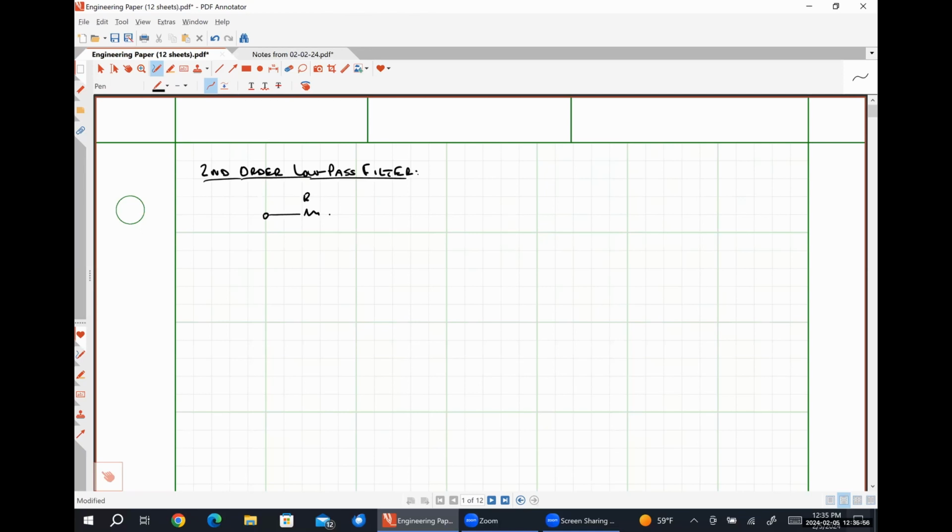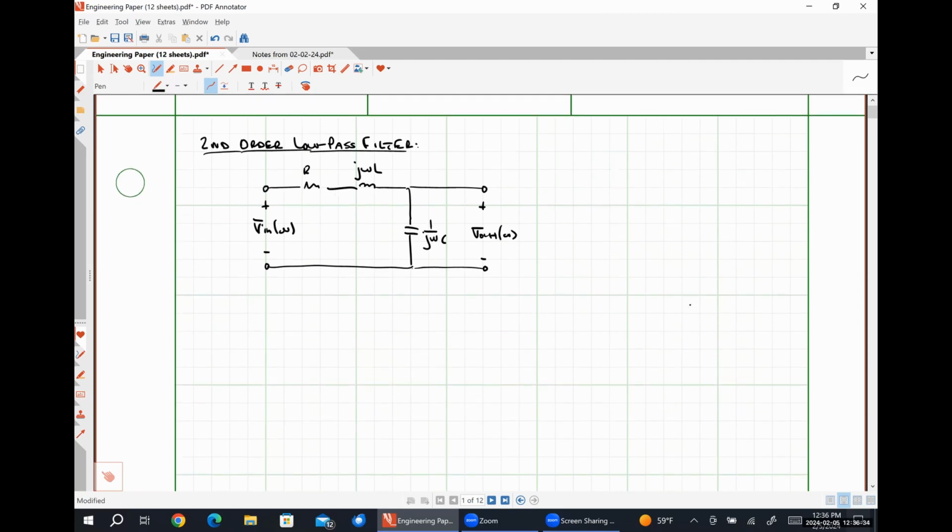Here's R, j omega L, one over j omega C. Here's V in. Here's V out. Once again, it's just a simple voltage divider circuit.